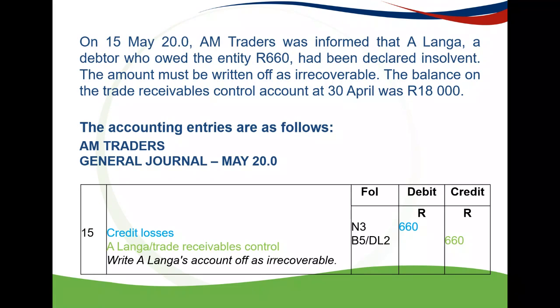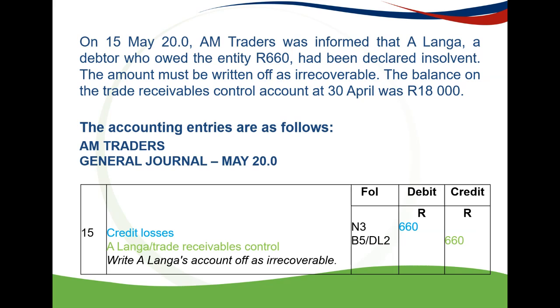Now, let's just look at an example. On 15 May 2020, AM Traders was informed that A. Langa, a debtor who owed the entity 660 Rand, had been declared insolvent. So that means he doesn't have money to pay them.